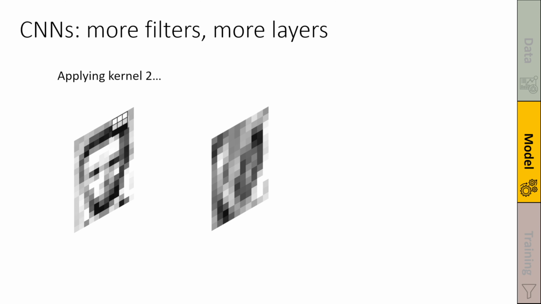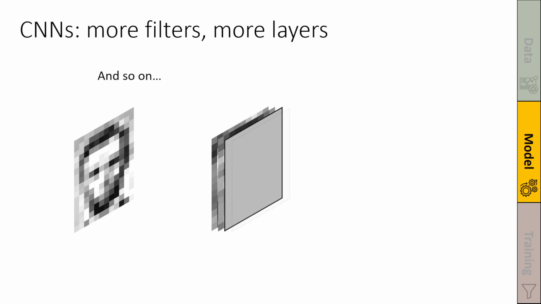And the next kernel would give us another activation map. And so on. We can use as many kernels as we want and get activation maps in our first layer.